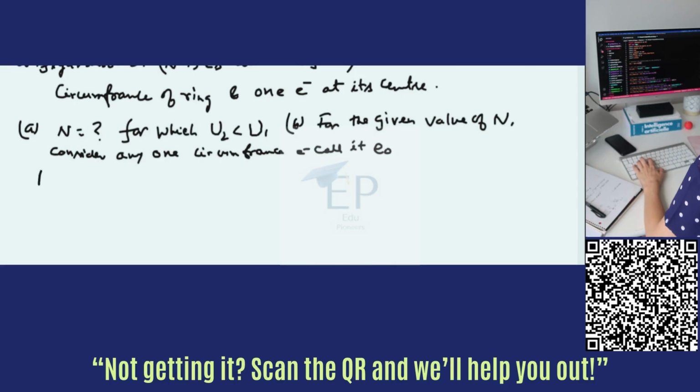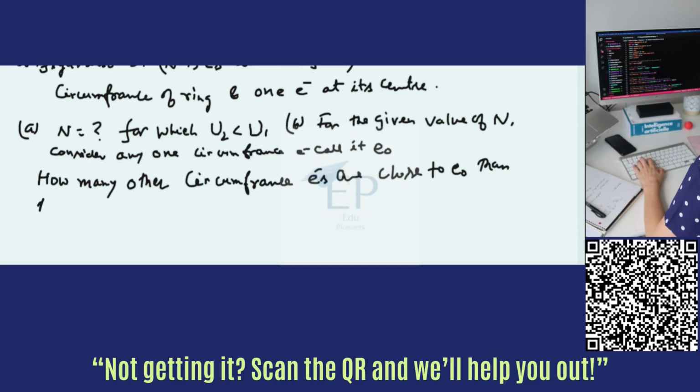How many other circumference electrons are closer to E naught than that of the central electron? Let us hear the solution.